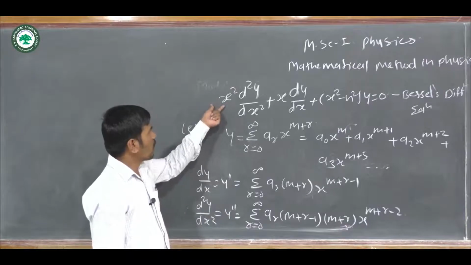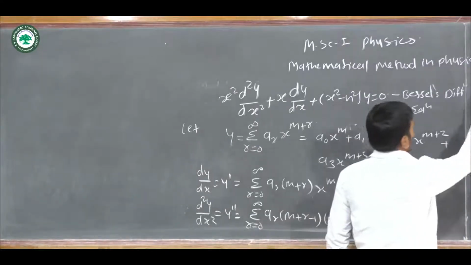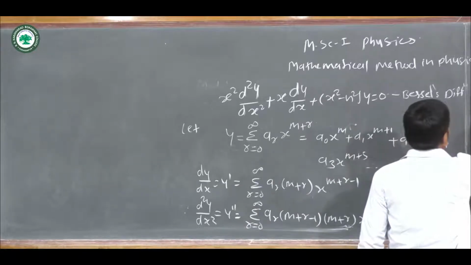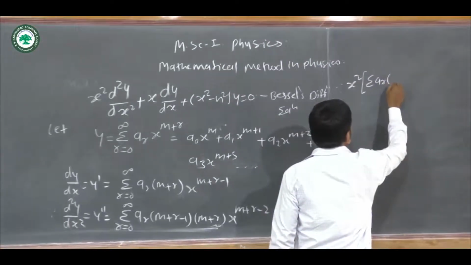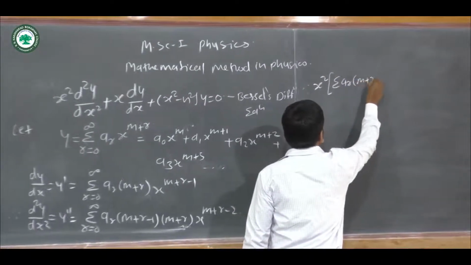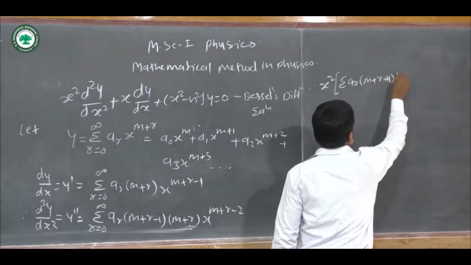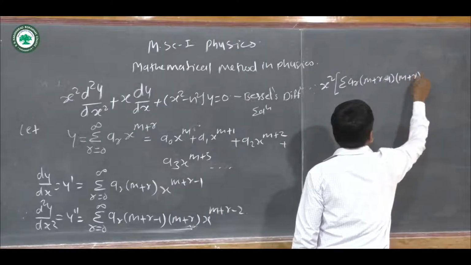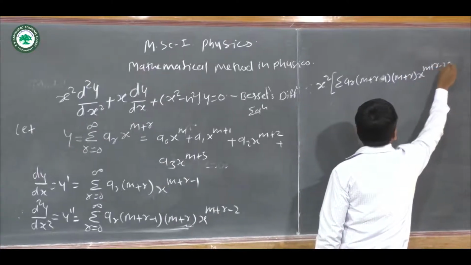If I put these in the equation, we get the relation: x square into summation a_r (m plus r minus 1) into (m plus r) into x power m plus r minus 2.